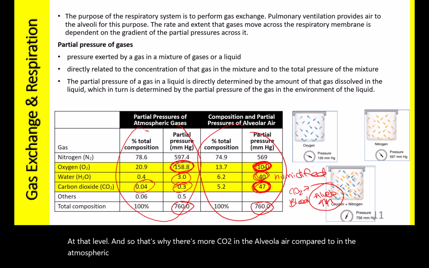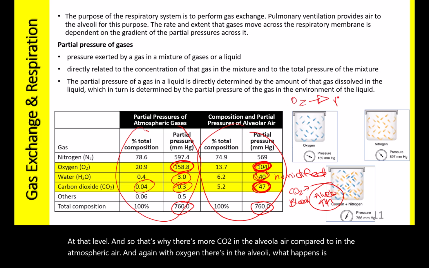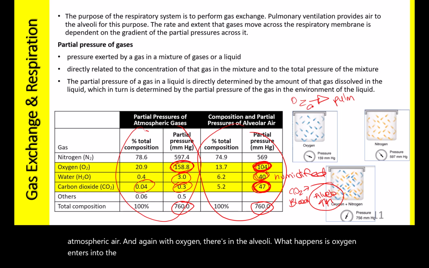With oxygen, it enters the pulmonary capillaries from the alveolar air, and so the partial pressure of oxygen is lower there too.